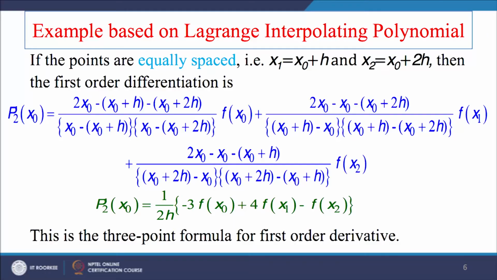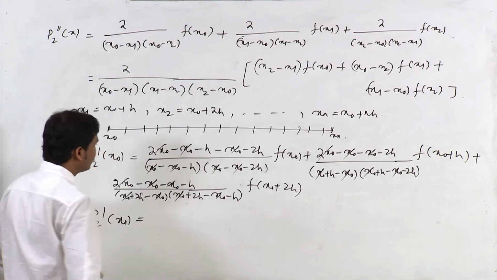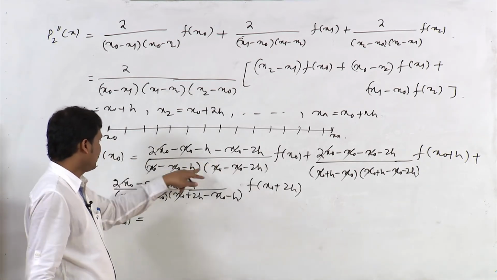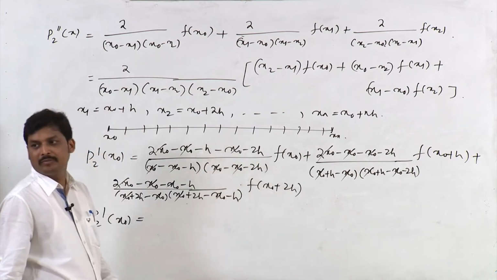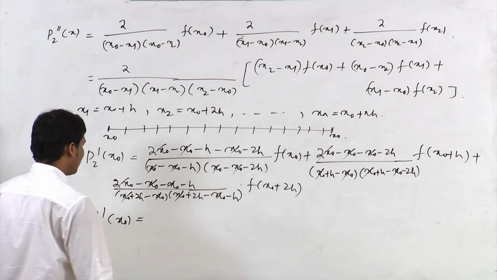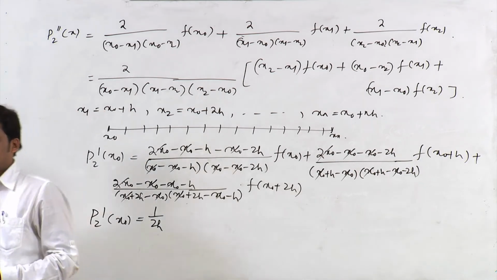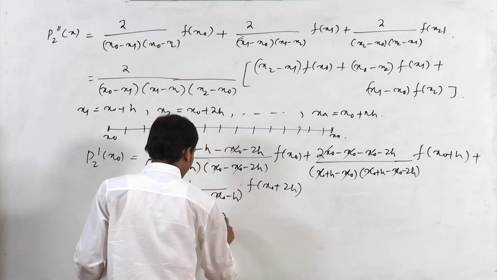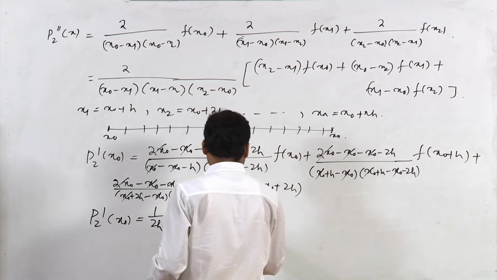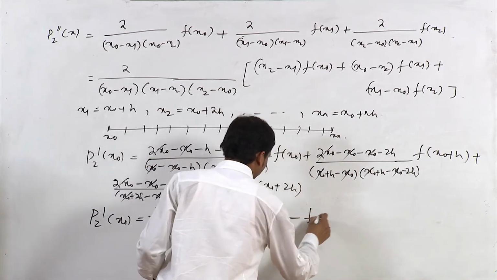Finally, if we write all the terms, p2'(x0): for the first term we have minus h and minus 2h, and here also minus h and minus 2h. So, we can take common 1 by 2h from all these terms, and it can be written in the form of minus 3 f of x0 plus 4 f of x1 minus f of x2.